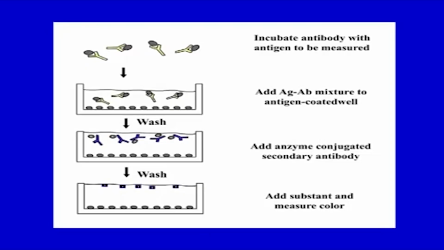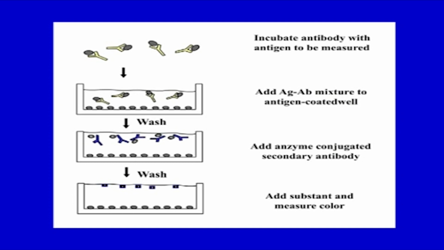So, for competitive ELISA, the higher the original concentration of antigen, the weaker the eventual signal actually. It is called competitive because there is a competition in here, if you can see on your screen. First, incubate antibody with antigen to be measured. There will be antigen and antibody complex formation.